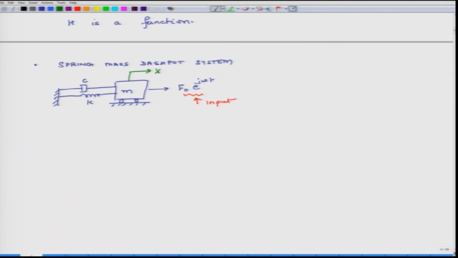And because this is a linear system, I can say that the displacement will be of a similar form as f naught. So, it will be some constant amplitude times e^{j omega t}. Now, the governing equation is m x double dot plus c x dot plus k x is equal to f(t), and this is equal to f naught e^{j omega t}.